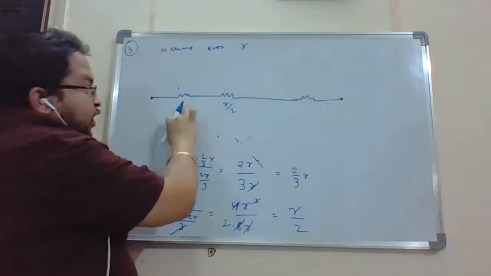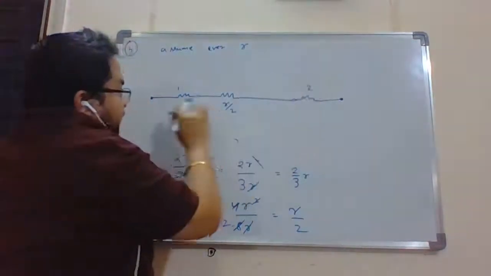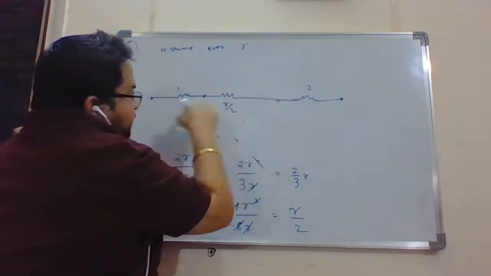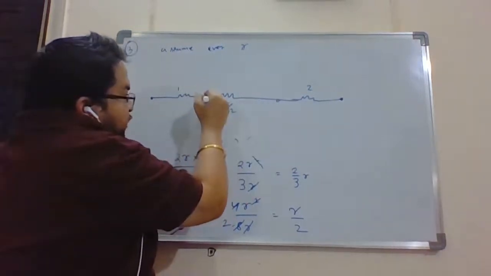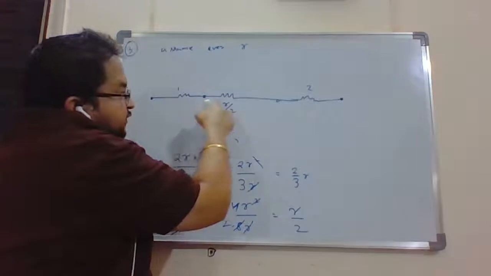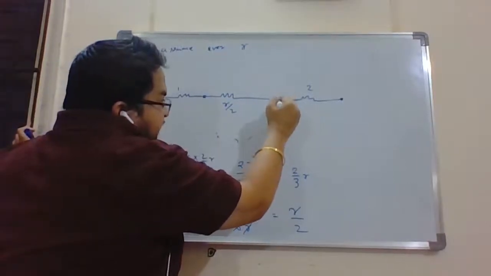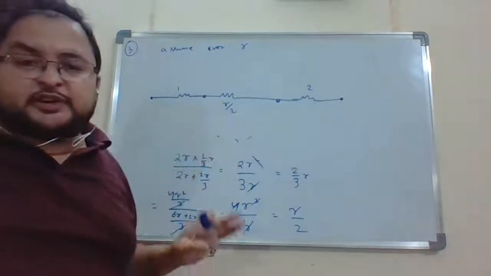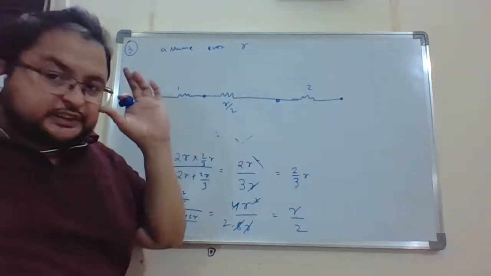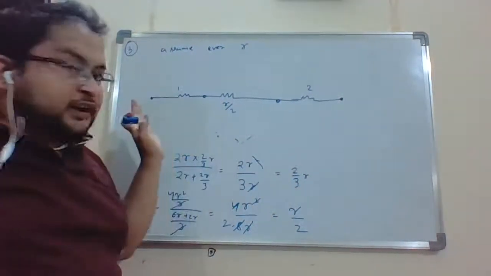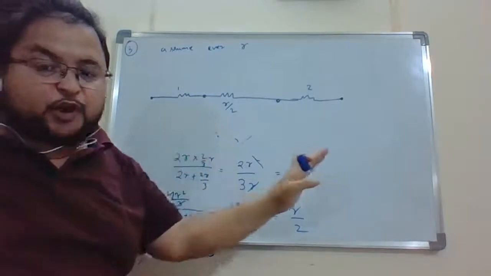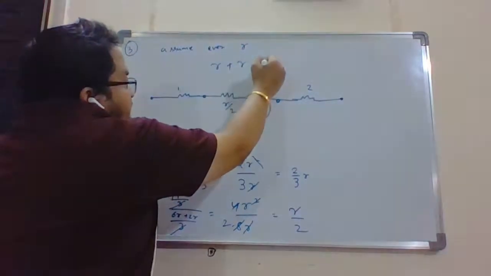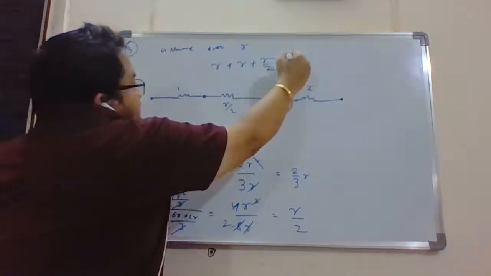Now this is in series with this and this. All these three are in series, because this and this are in series since at the meeting point there is no disturbance. We have seen in formula number 3 that if you have multiple resistors in series, then the equivalent resistance would be the addition of all of them. So R plus R plus R by 2, that's the answer.